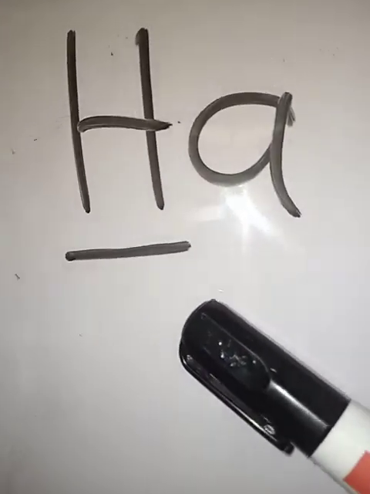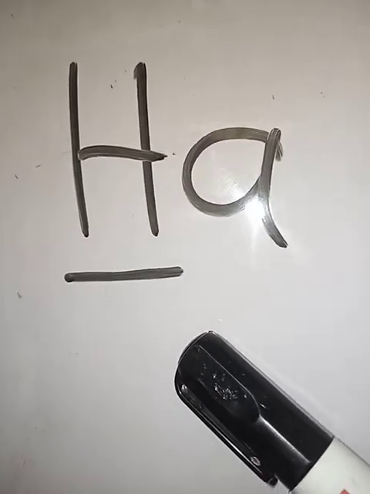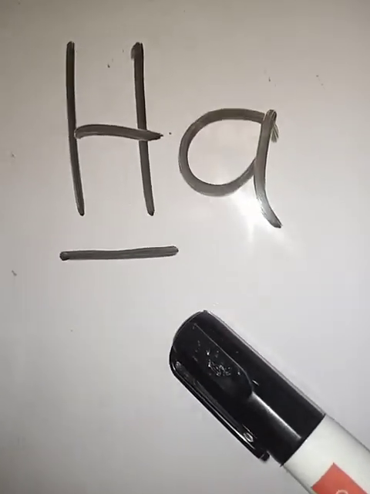Then the next one is Ha. Ha, Kasra, Hi. We arrive at that by taking the sound of the H in Ha. Don't mix up the pronunciation of the two Has.